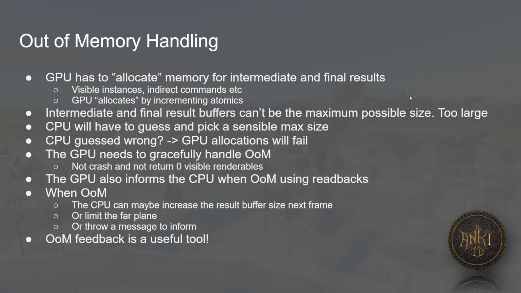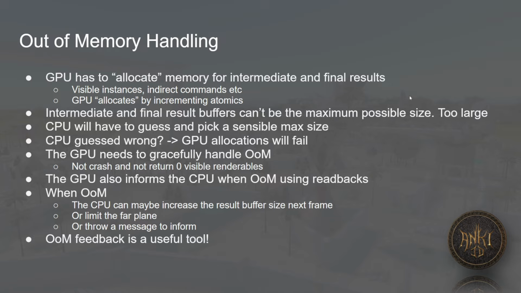So there is a chance that the CPU gets it wrong and this 1 megabyte is not enough and the GPU allocations fail. In that case, the GPU will have to gracefully handle this out-of-memory condition. It shouldn't try to write out of bounds, of course, and not fail the whole visibility testing, but it should stop processing more visible objects and somehow inform the CPU.